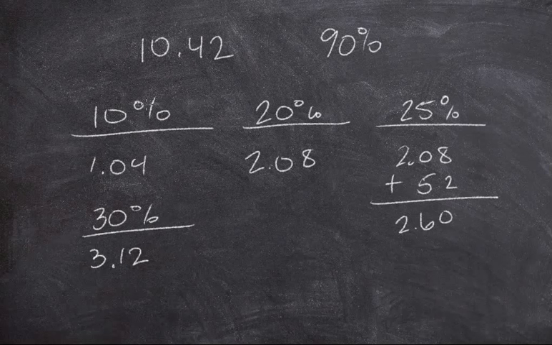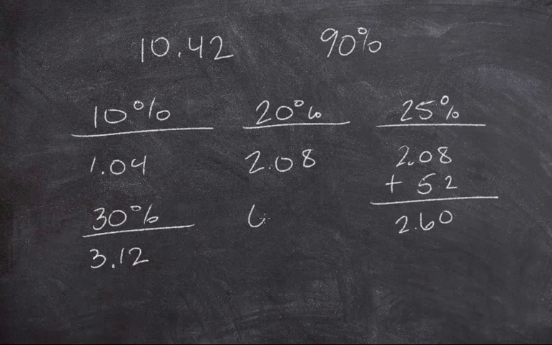After all, if I get a 10% discount, that means I'm going to be paying 90% of the original price. If I get a 20% discount, I'm going to be paying 80% of the original price. So if it's a 90% discount, which probably never happens, but you might get lucky, that means you're going to pay 10% of the original price. So I'm just going to calculate 10% of this, which is $1.04, and that tells me how much I'm going to pay, not how much my discount is.